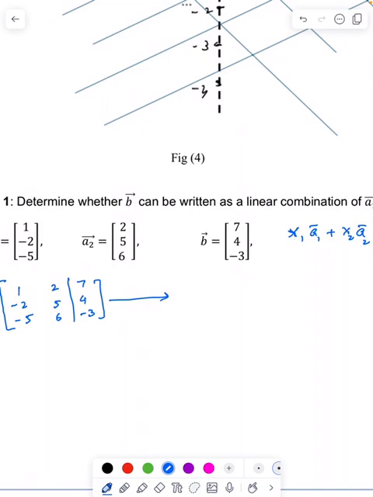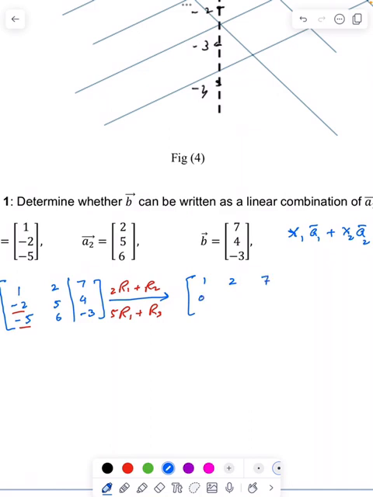So I have to make these two quantities 0. I will say 2R1 plus R2 and then 5R1 plus R3. The first row is not changed, so I'll write it as it is.